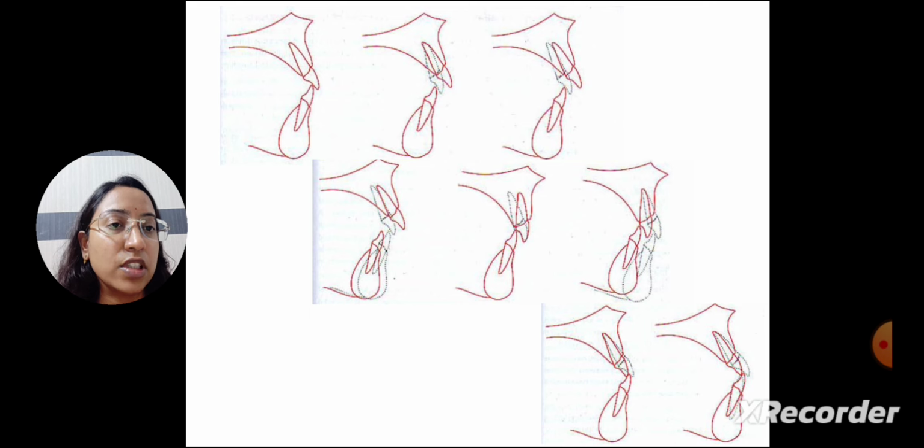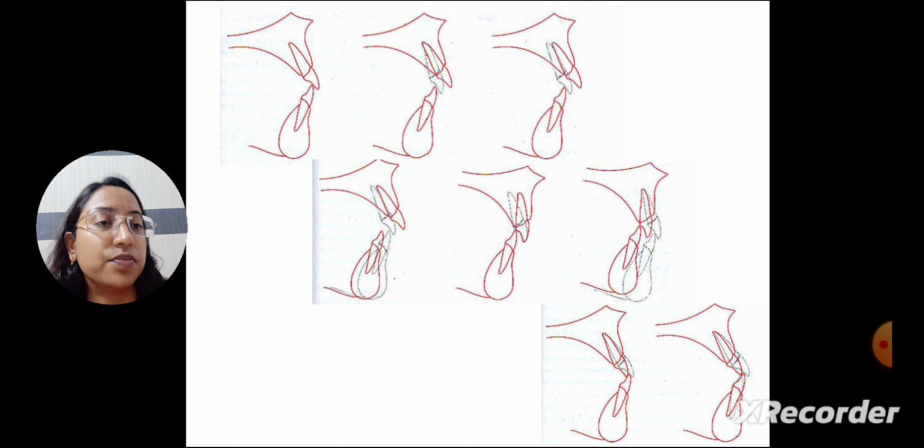Similarly, the third row is a class 3 case where the initial diagram shows upper anterior proclination to relieve the interference. That is, we are correcting the pseudo class 3. Whereas the second picture is a more severe class 3 where the upper incisor is proclined and the lower incisor is retroclined to get a positive overjet from a reverse overjet.